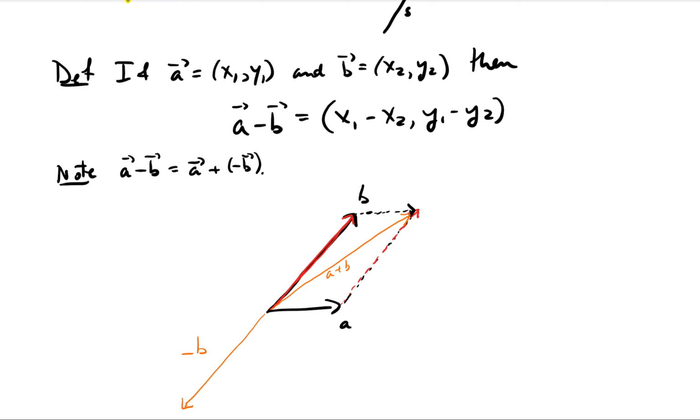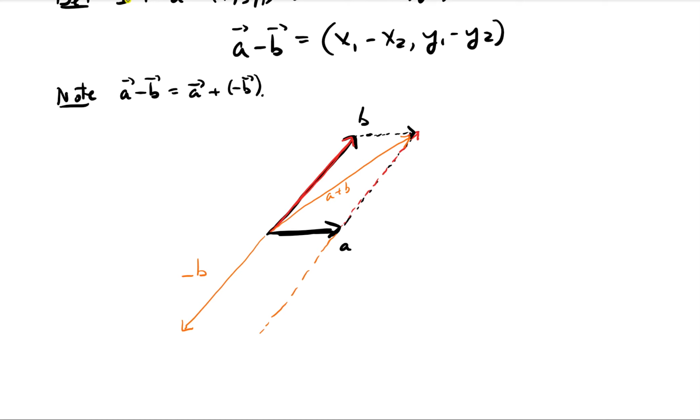This is the opposite of B. So if I take A and add the opposite of B, I go along A, like this here, and then I'm going to place the opposite of vector B so that it starts where A ends, and let me again add vector A here.